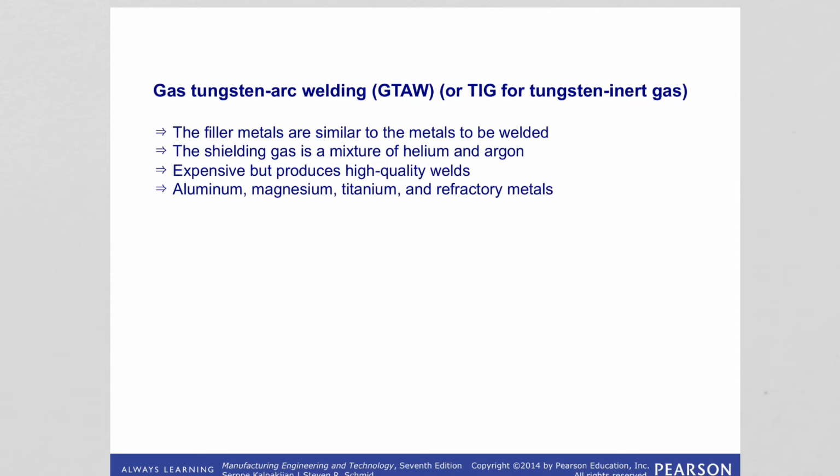The filler metals are used, and these are similar to the metals to be welded. An inert gas, which can be argon or helium, flows through the electrode holder to provide a protective shield around the electrode, the arc, the pool of molten metal, and the heated areas.